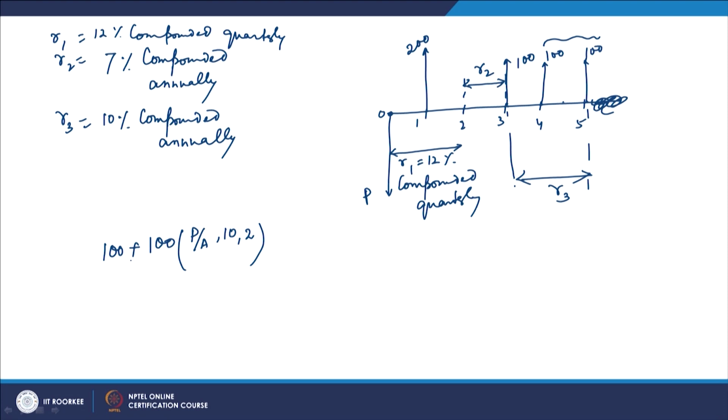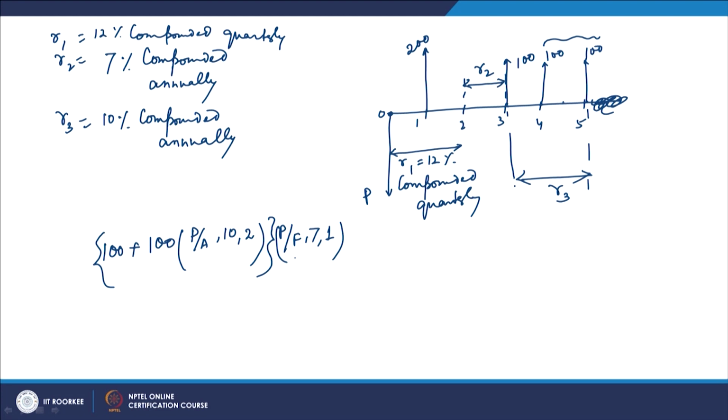So, this is basically the future value and you have to go to the present value. So, you have to use the P by F factor. This will be multiplied with P by F, interest rate 7, and this is for 1 year. So, you are coming to this amount at this point.